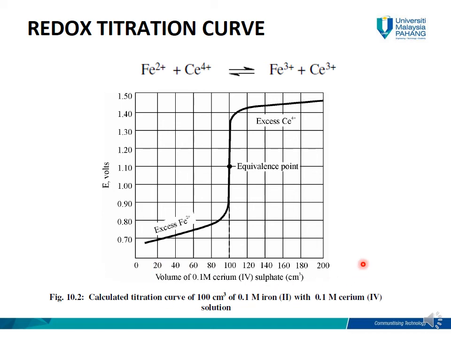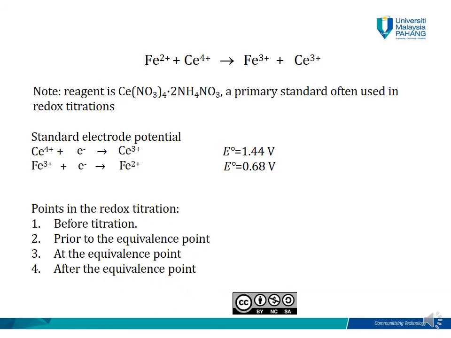On the x-axis is the volume of your titrant. Now we consider this example of a process, and we have the standard electrode potentials that we can get from the table.